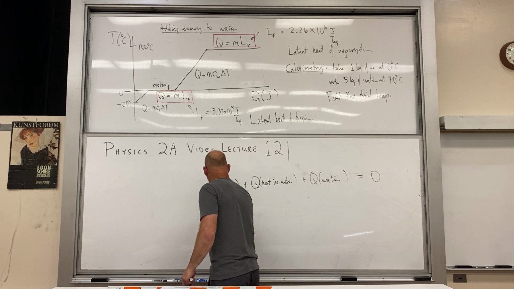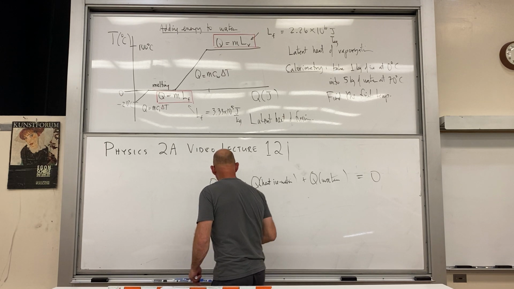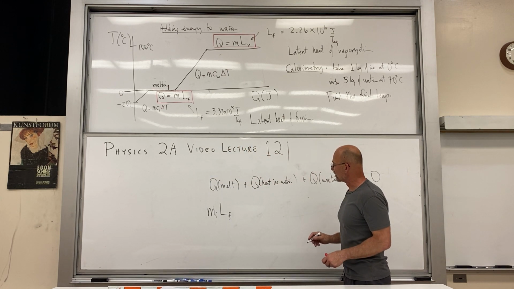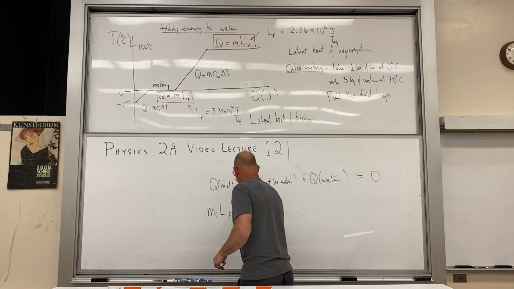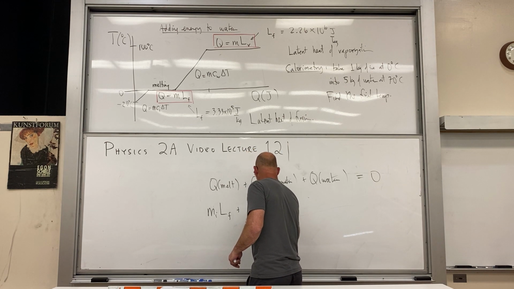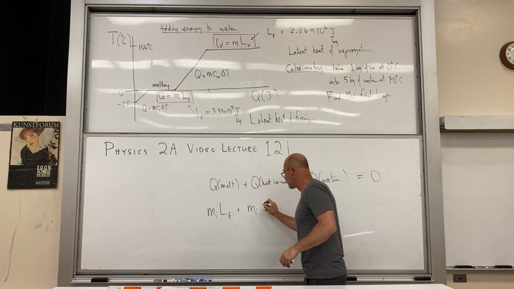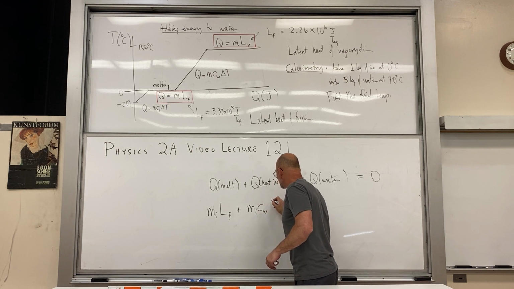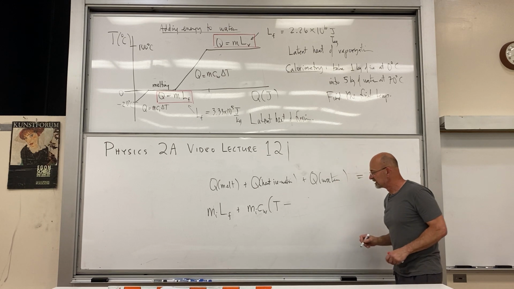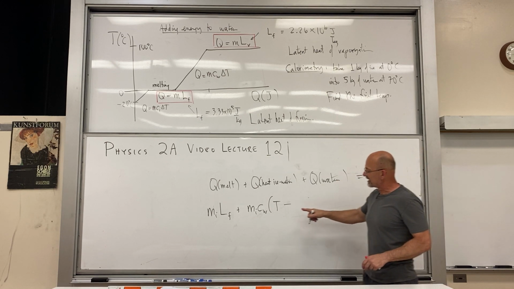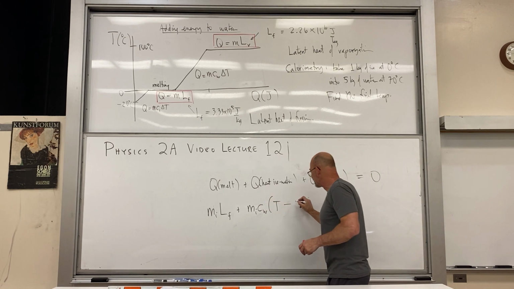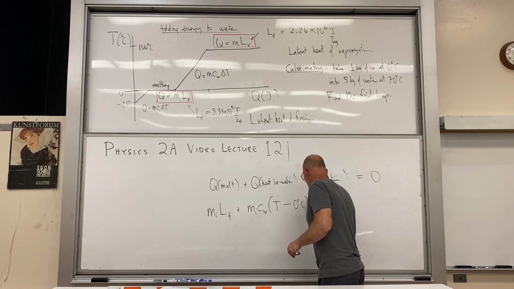Now we can say mass of the ice, latent heat of fusion of the ice, of water. Now we're going to heat that ice, so it'll be mass of the ice, now it has melted, so specific heat of water, T final minus what? Well, the initial temperature of that water that used to be ice is 0 degrees Celsius.